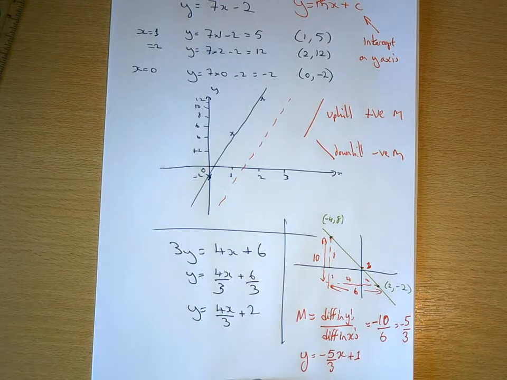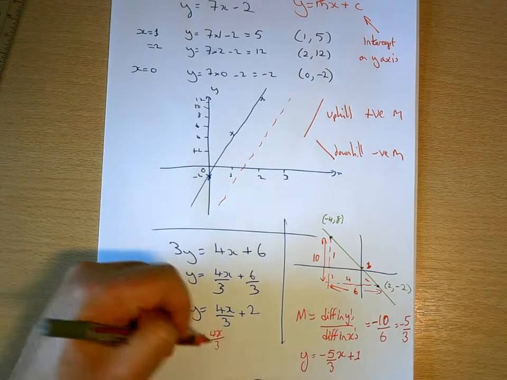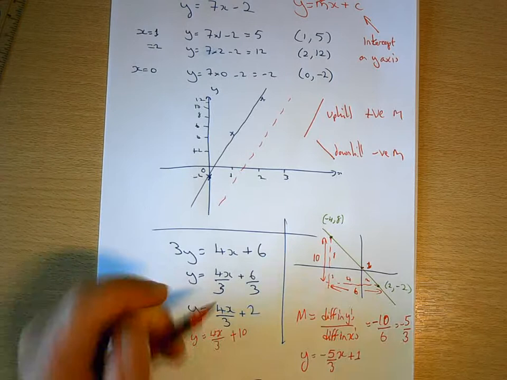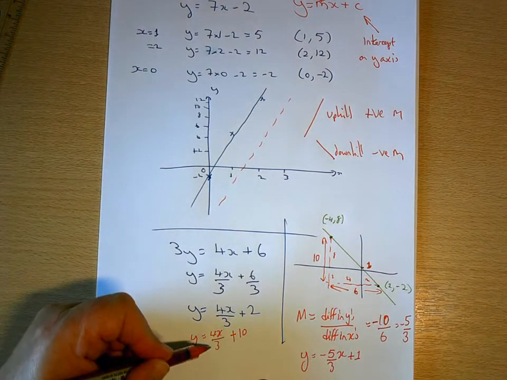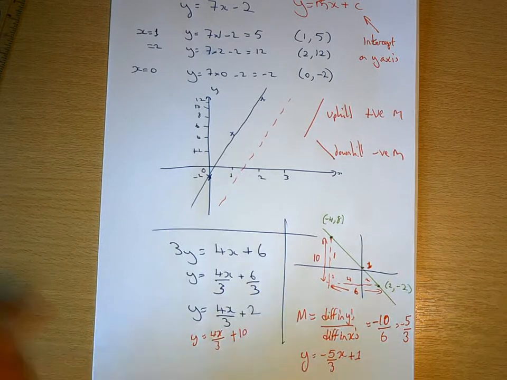So a line that's parallel to that one will be one that has the same gradient. So y equals 4x over 3 minus 10, plus 10, will be parallel, so long as this part doesn't change, the gradient doesn't change. So parallel lines, same gradient.